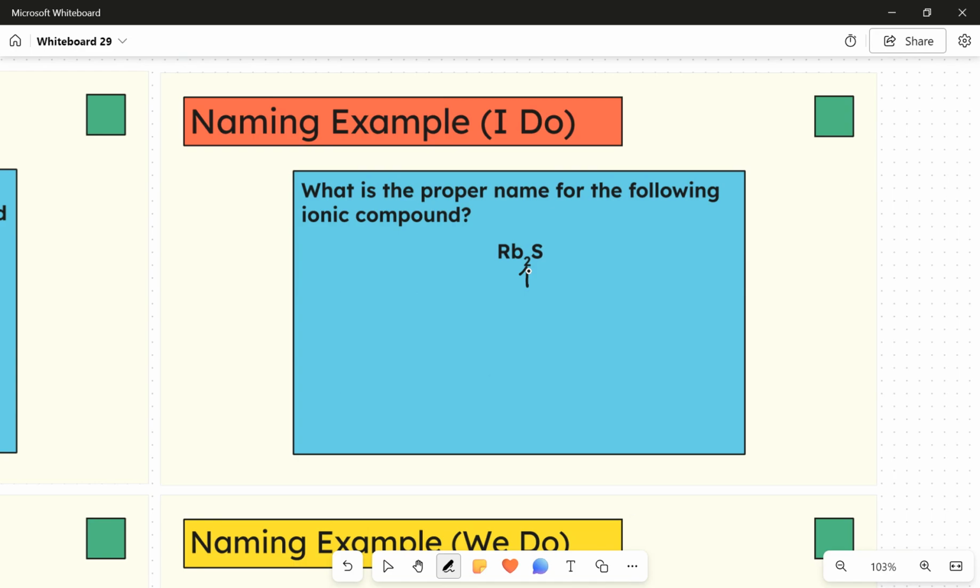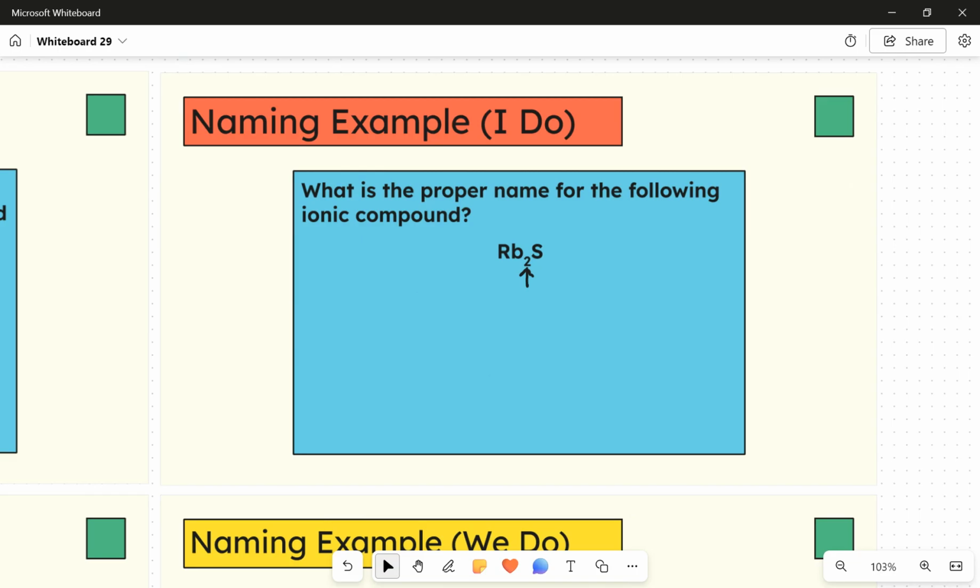And the reason for that is ionic compounds have to be balanced in terms of positive and negative charges. So what that means is, for these 2 elements, there's only one possible way that they can combine and end up neutrally charged overall. Rubidium has a +1 charge, sulfur has a -2 charge. So you have to have 2 rubidiums to cancel out the 1 sulfur.